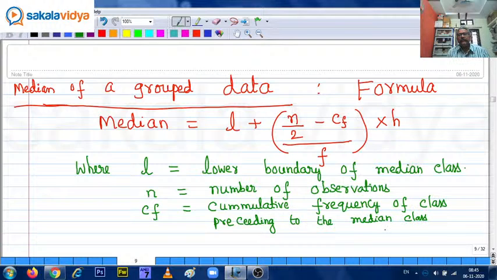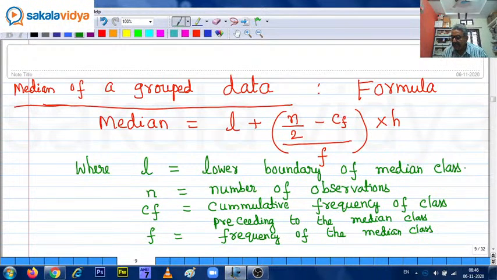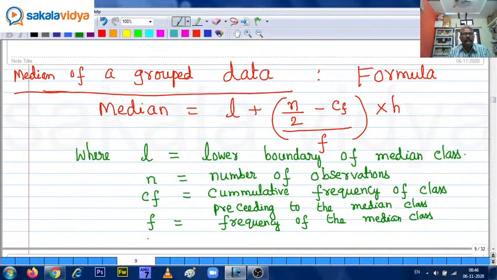Cumulative frequency of the class preceding the median class, CF. Next F. F is the frequency of the median class. That means the frequency corresponding to the median class. Next H. H equals size of the class.